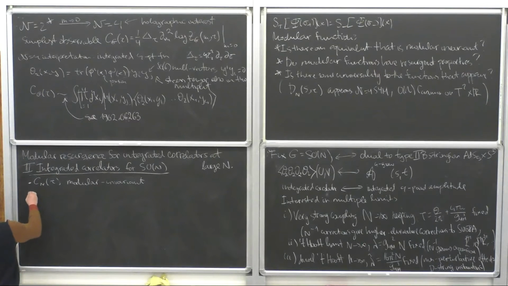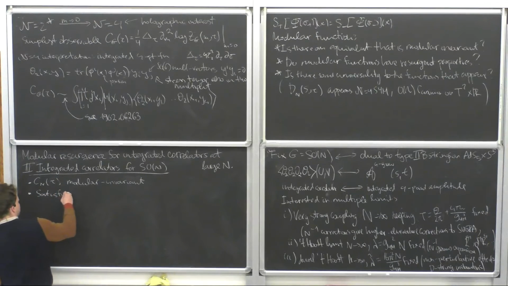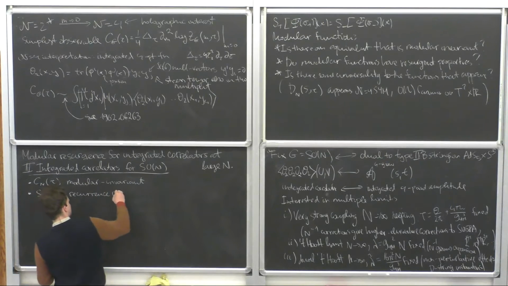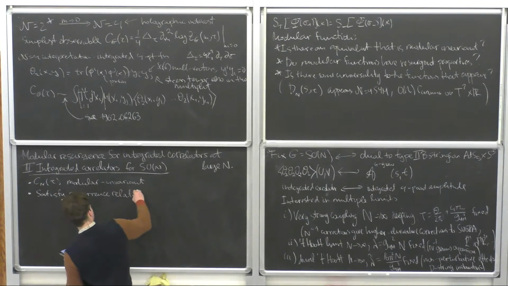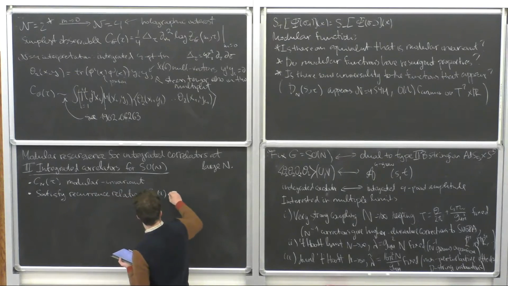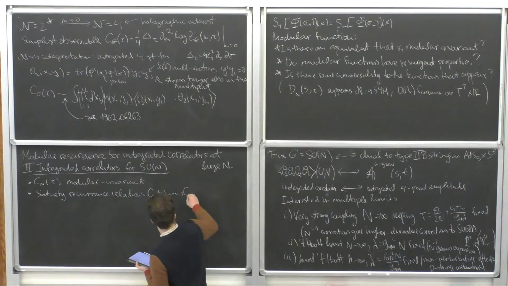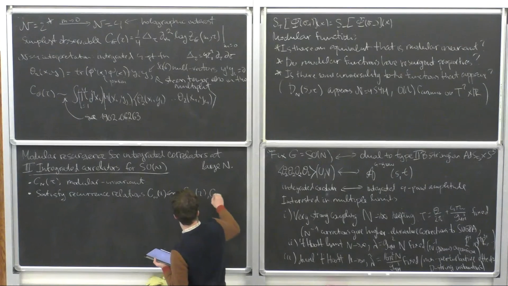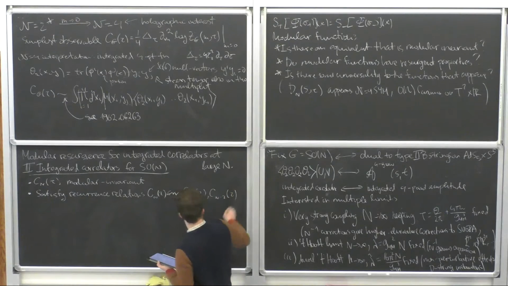The second property that it has is that they satisfy recurrence relations, by which I mean C_N of tau is expressed from C_{N-1} of tau and C_{N-2} of tau.